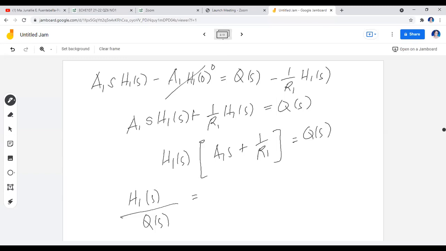So if I simplify this one, this would be A1 R1 s plus 1 over R1.